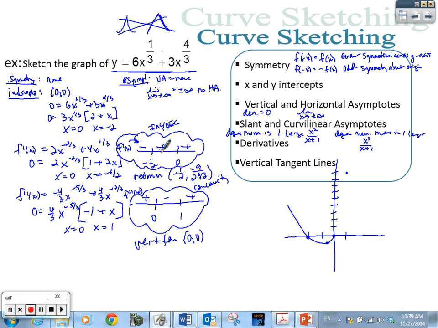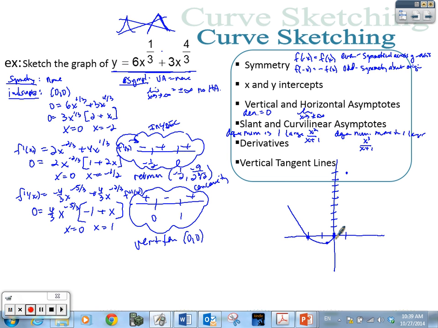Now at 0 we have a vertical tangent. That's kind of hard to show in a graph. Vertical tangent just means you go straight up for just a moment. Not very long. So I'm just going to draw it straight up right there. That's my vertical tangent. I'm exaggerating it so that we can see it on the graph. Now, from 0 to 1, we are concave down, but still increasing.